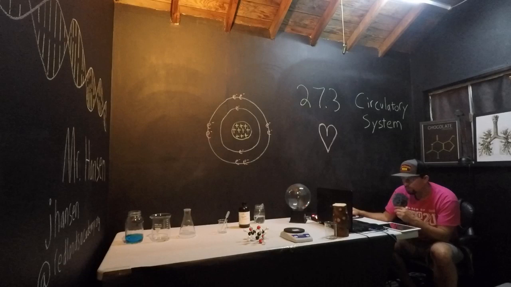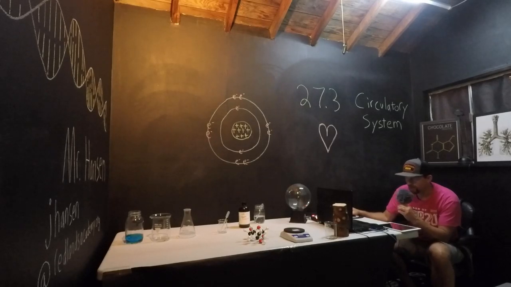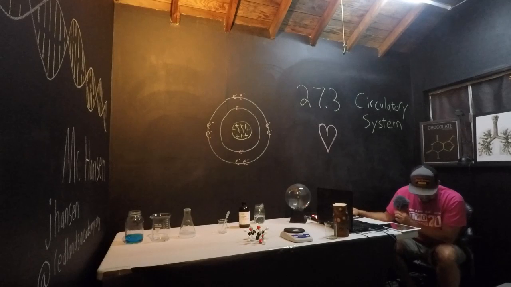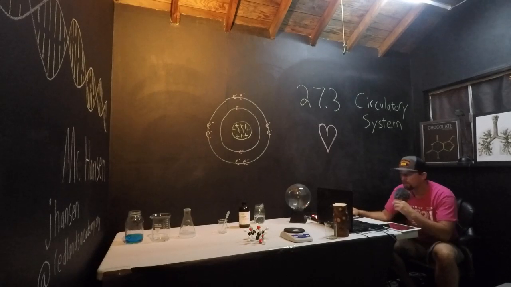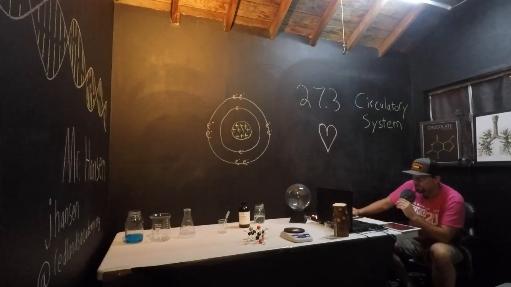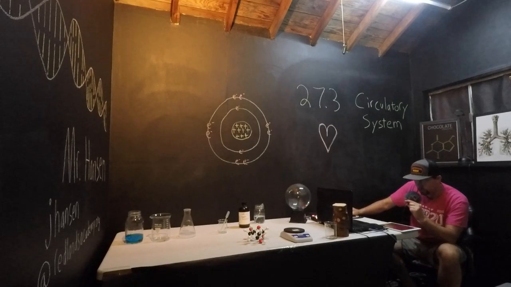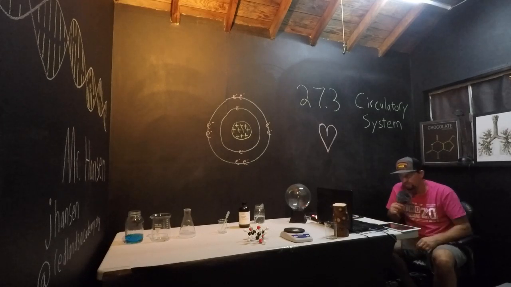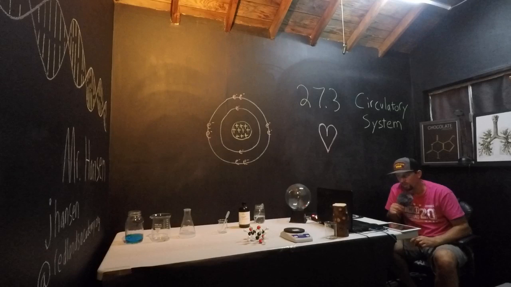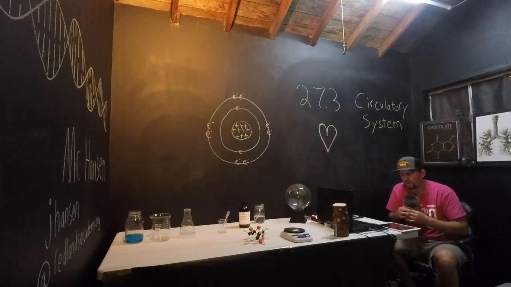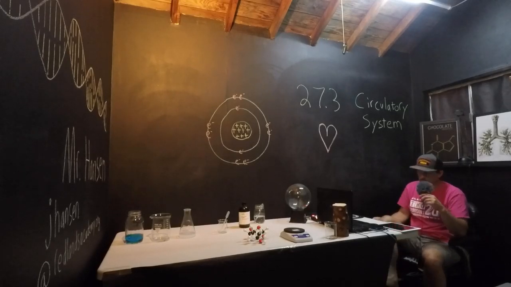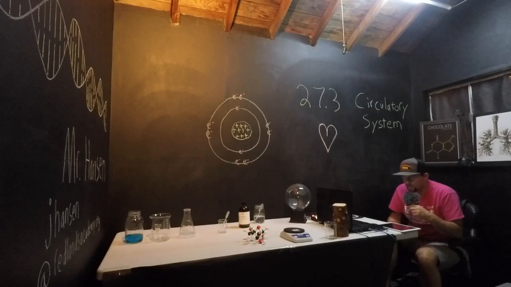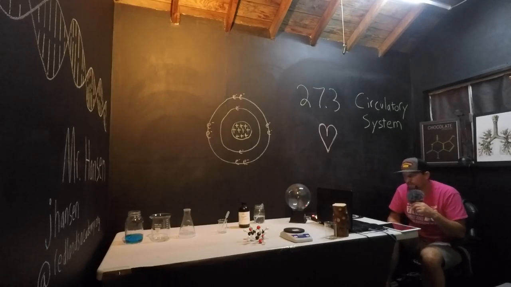B, what is the major structural difference between vertebrates that have a single loop circulatory system and those that have a double loop circulatory system? So what's the major structural difference between vertebrates? All right, it's going to have a lot to do with the structure of the heart itself.